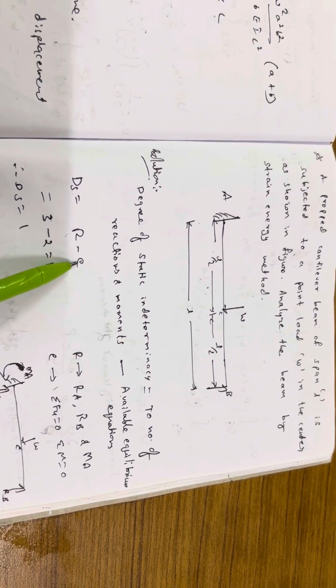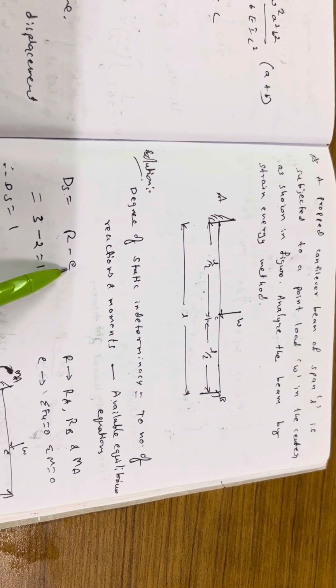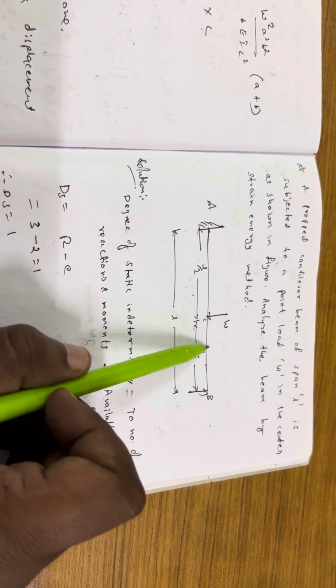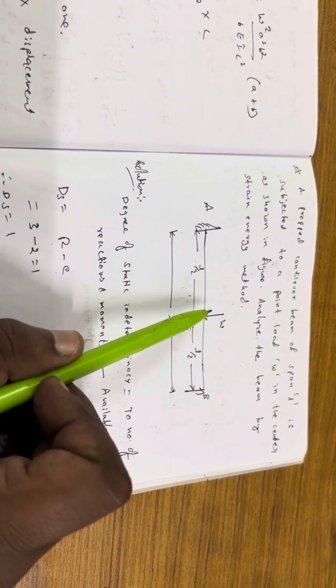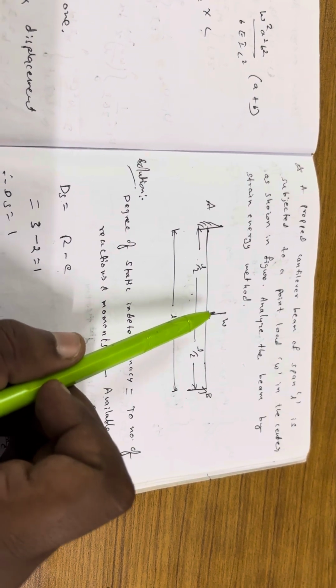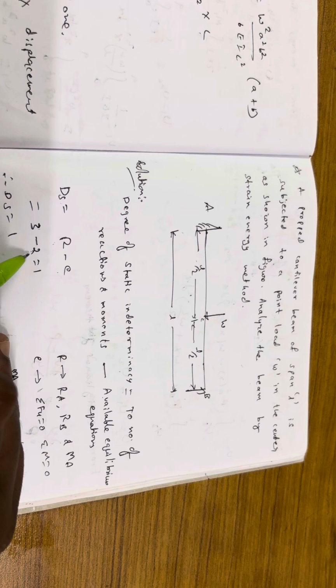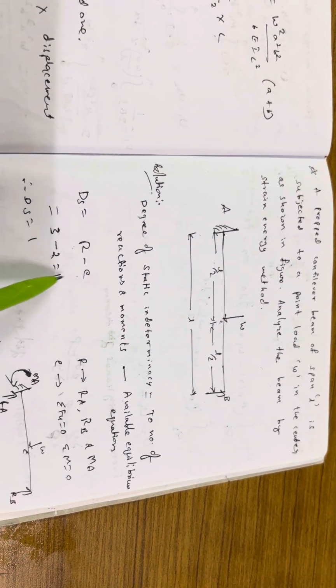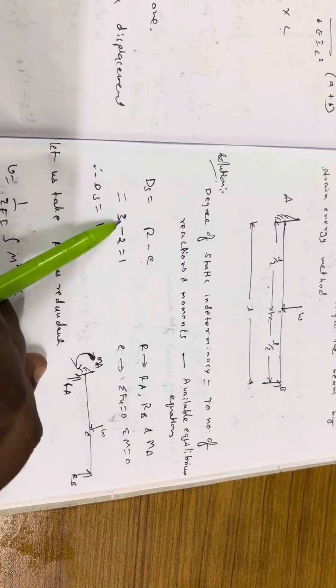And how many equilibrium equations are there? 3. But as there is no horizontal force, we can neglect sigma Fx equal to 0. We consider only two equilibrium equations, sigma Fy equal to 0 and sigma M equal to 0. So 3 minus 2 equals 1. What are the three reactions?